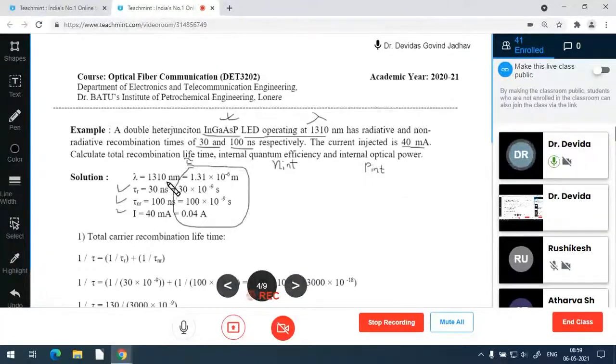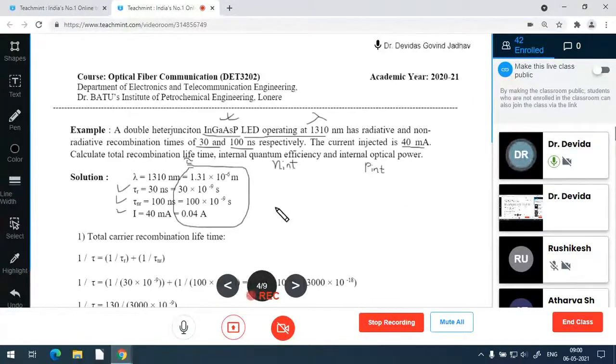So 1310 nanometer is 1310 into 10 raised to minus 9, which means 1.31 into 10 raised to minus 6 meters. 30 nanosecond is 30 into 10 raised to minus 9 second. 100 nanosecond is 100 into 10 raised to minus 9 second. 40 milliampere is 0.04 ampere: if you remove milli, it gives 10 raised to minus 3, and if you multiply 10 raised to minus 3 with 40, you get 0.04 ampere.